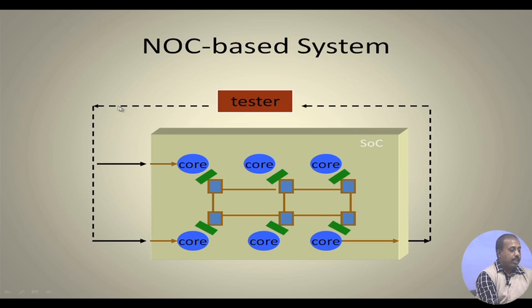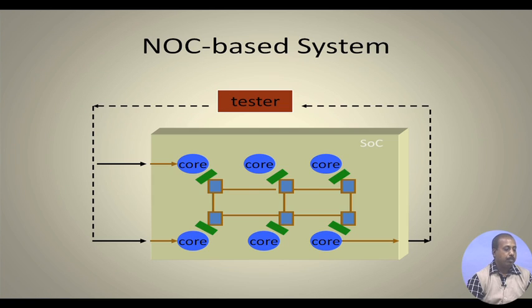Now, from the tester, as I was telling, there may be multiple channels. Say the tester may decide that it will feed test patterns via two cores, this one and this one. Maybe these cores are equipped with some special feature by which they can accept input from the tester. Basically, the cores which have got interface to the system pins are dedicated for this purpose, because through that we can access individual cores, and they can be put in some sort of bypass mode, so that the test patterns that are transferred will be given to the NI to be transmitted to the destination.